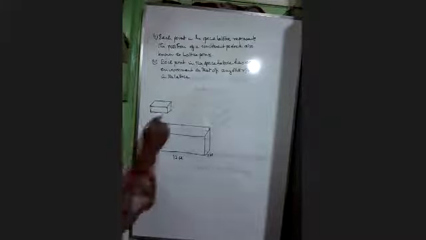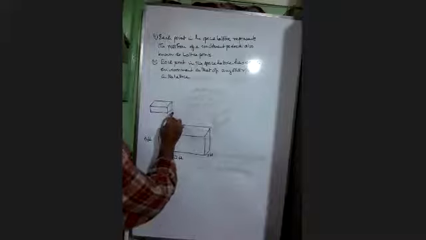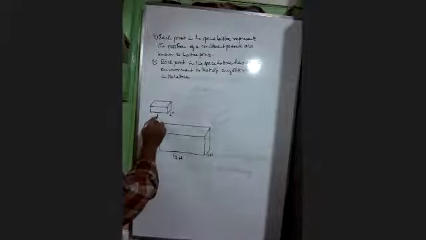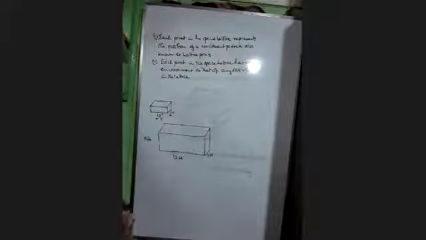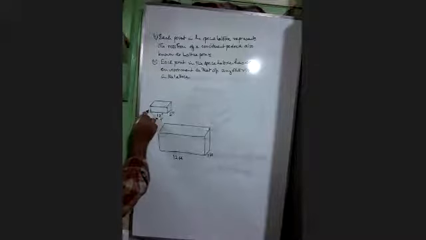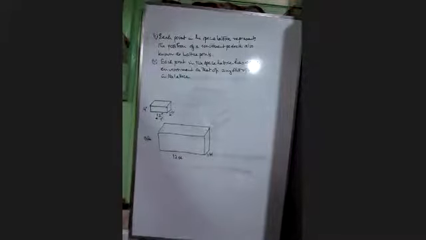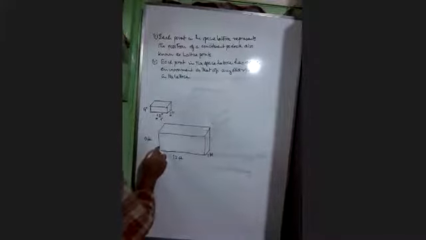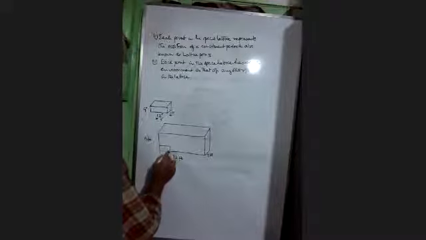Say it is 6 inch, this is 12 inch or 1 feet, and height is, say, 4. All right. So what you will do? We'll lay the brick in this.